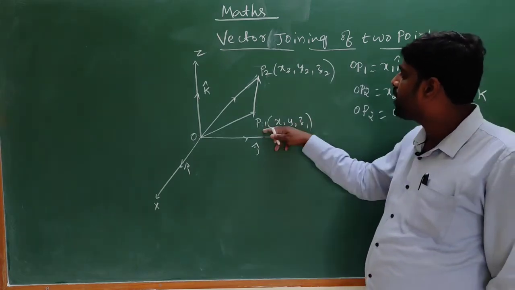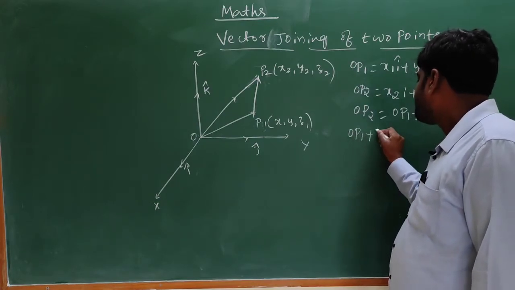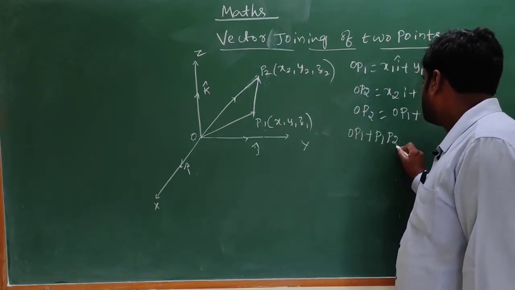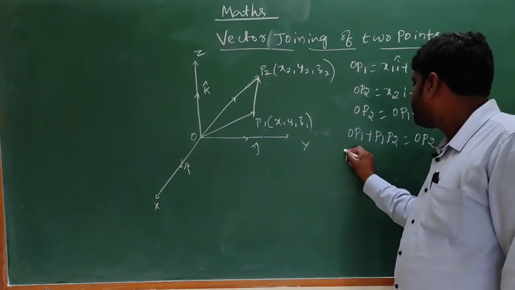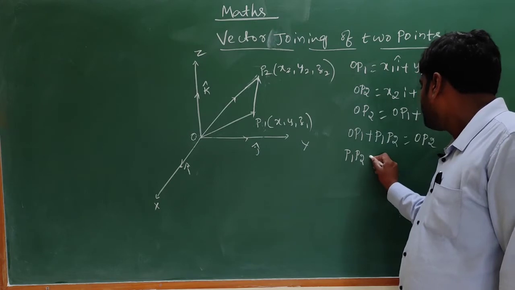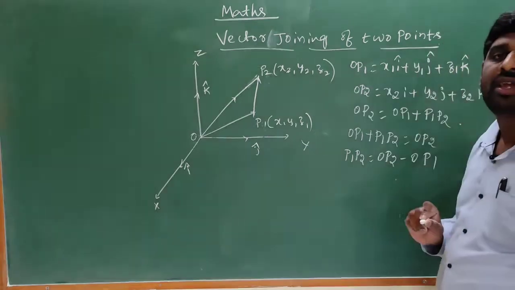Now I want to find P1P2. Therefore, OP1 plus P1P2 is equal to OP2, so P1P2 is equal to OP2 minus OP1.